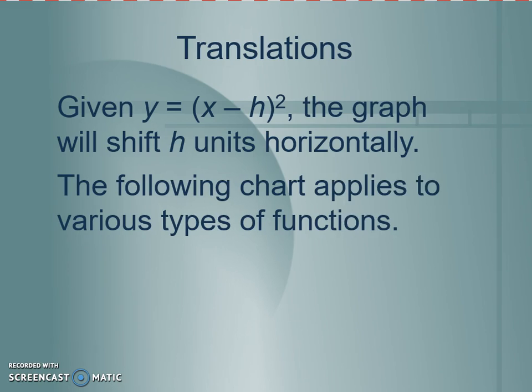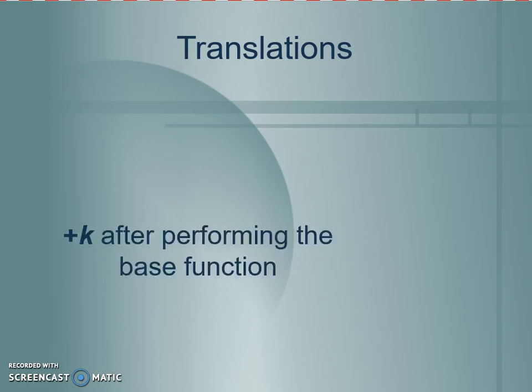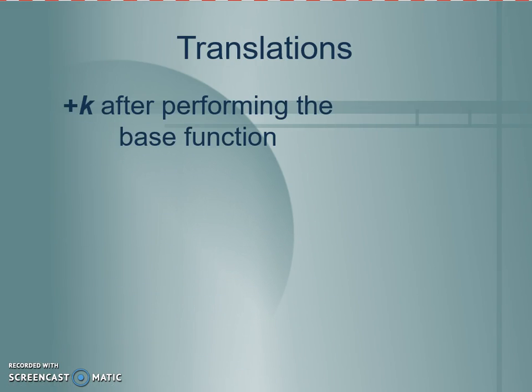So this following chart applies to various types of functions. And the chart is on the bottom of page 346. So we talk about different types of translations. There are vertical and horizontal. So remember we said the plus and minus k gives us our up or down, or a vertical shift.